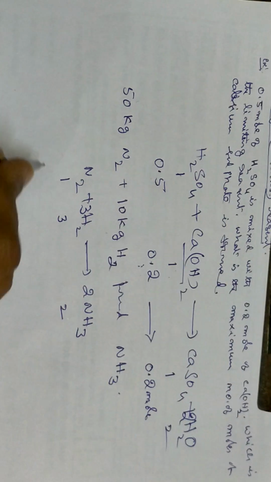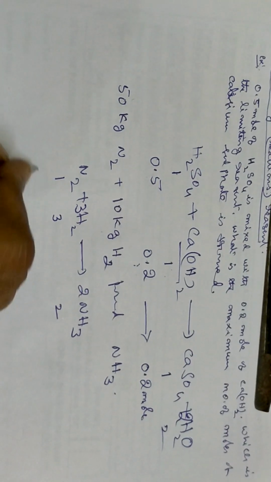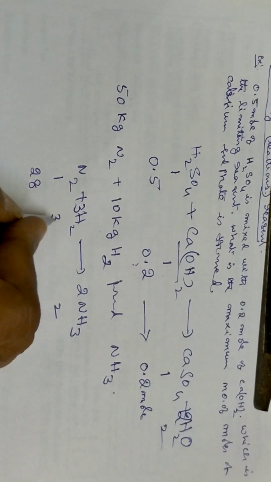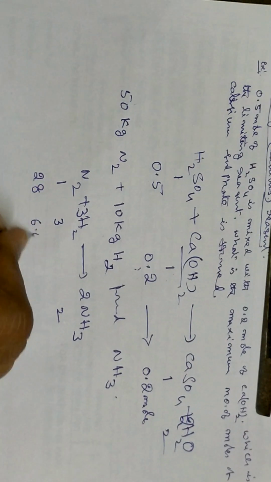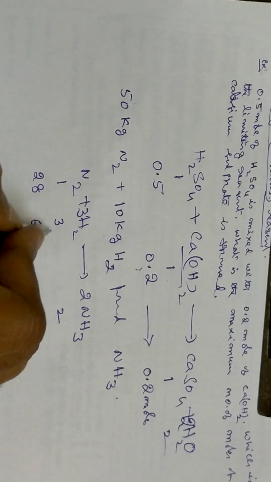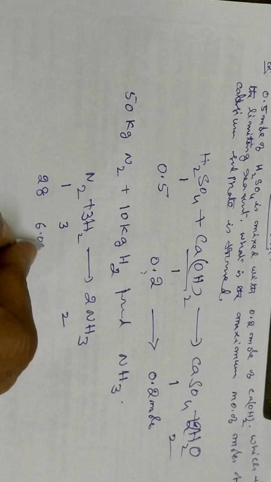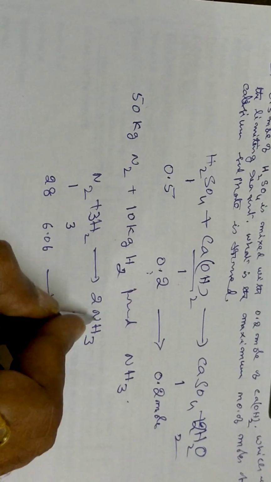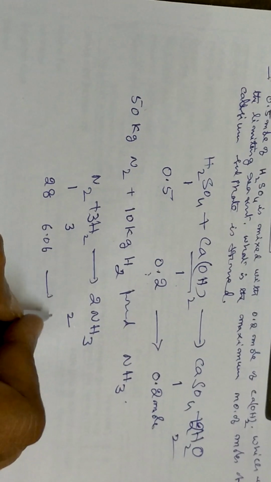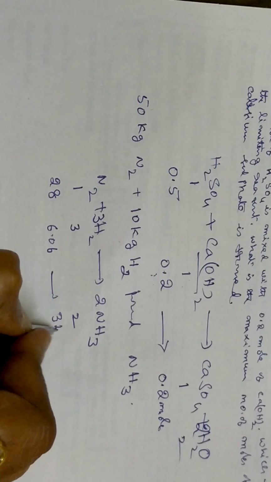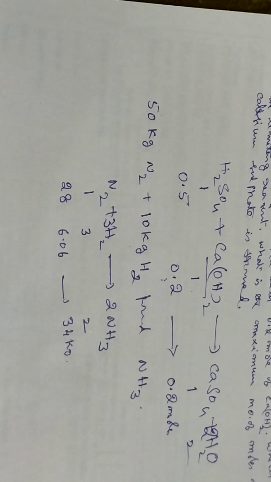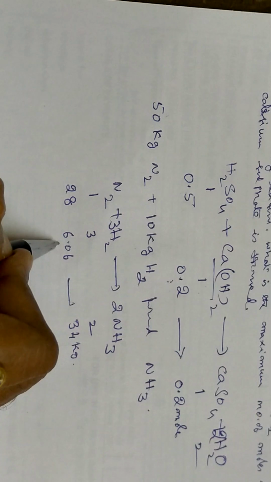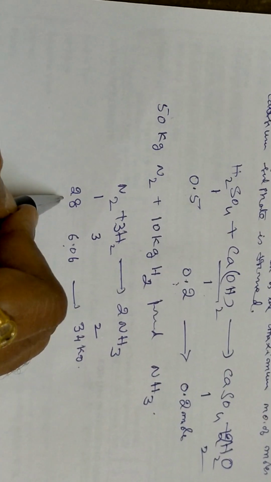In mass terms, N2 is 2 times 14, which is 28 grams or kgs, whatever it is. 3 H2 is 3 times 2.01, about 6.06 kgs, which gives 2 times 17, which is 34 kgs of ammonia. That means for every 6 kgs of hydrogen, 28 kgs of nitrogen is required.